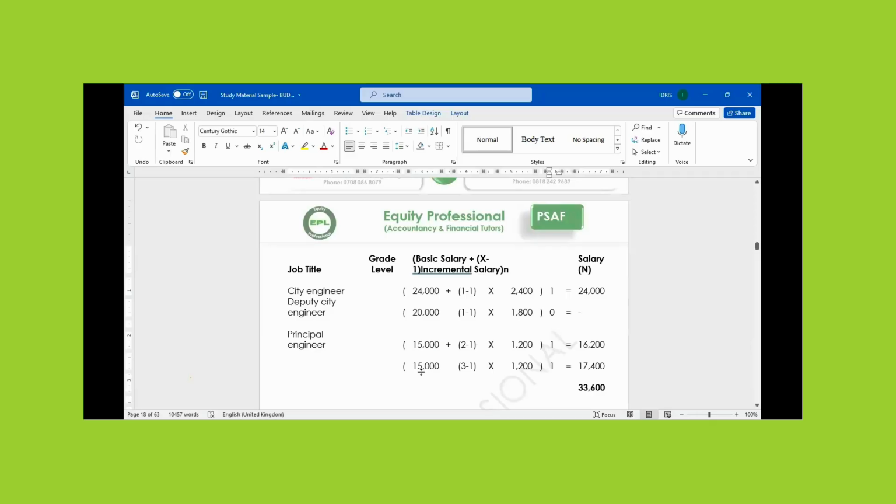You do it for the second person. You know, there are 2 staff and they are in different steps.